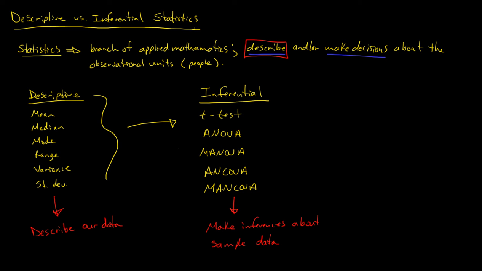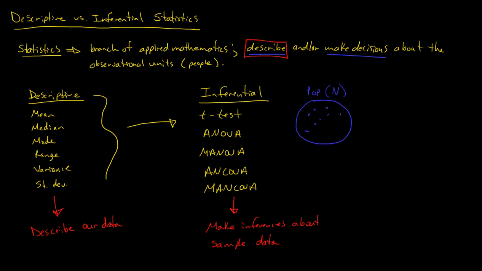By way of showing a graphical example of this, we might have a large circle here, and this large circle represents the population of a certain n size, and there are units in here. There's people.